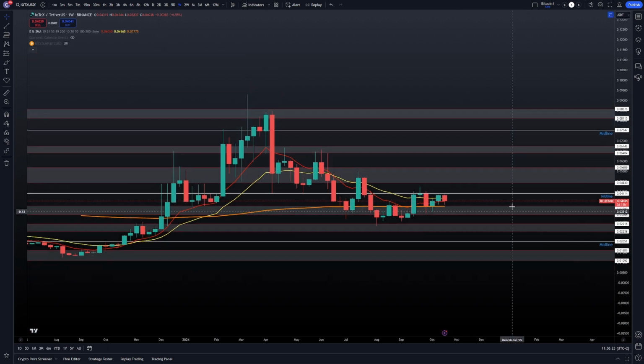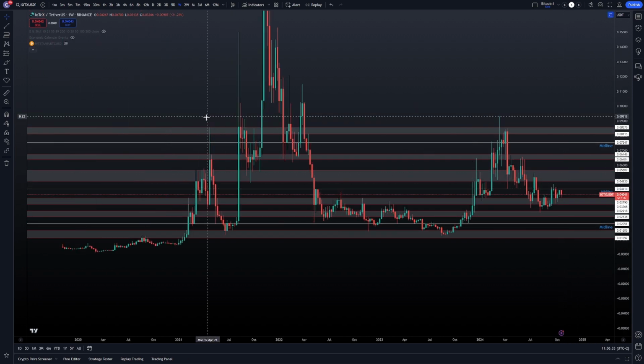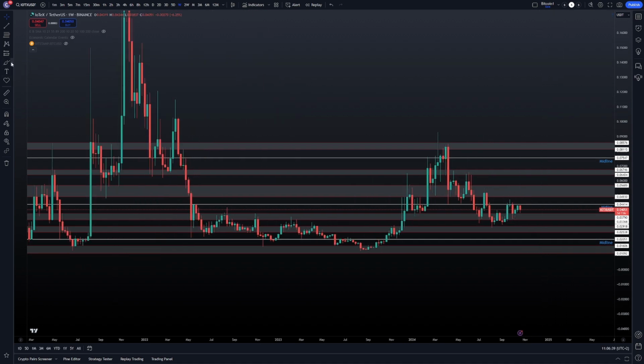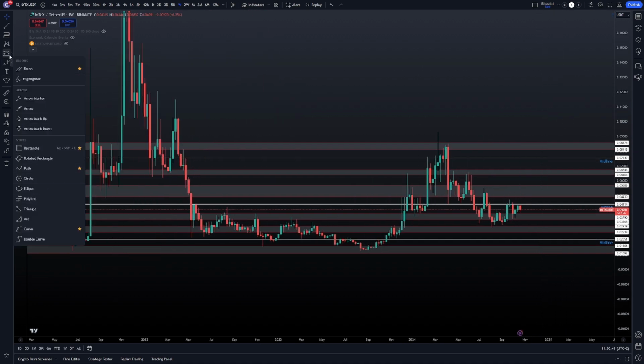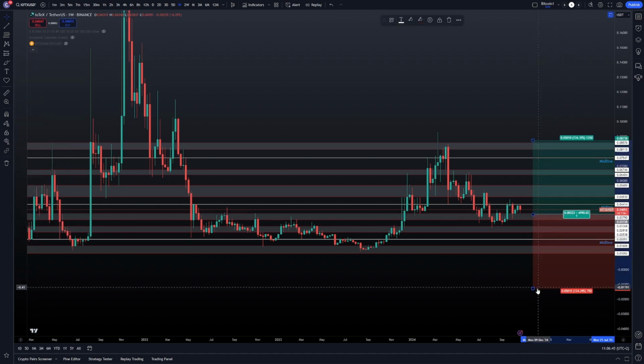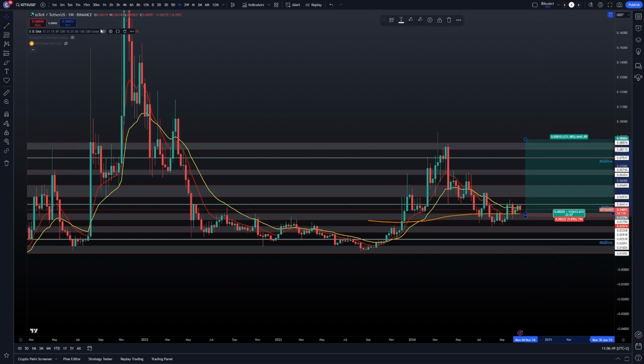So let's say you flip 4.4 cents, you can actually target higher levels above you. 4.9, 5.6 cents, all the way up to this wick right here from April 2021 at 8.5 cents. So let's get our long tool in. Let's say this is your entry. You place a nice stop loss under that weekly 200, like this.